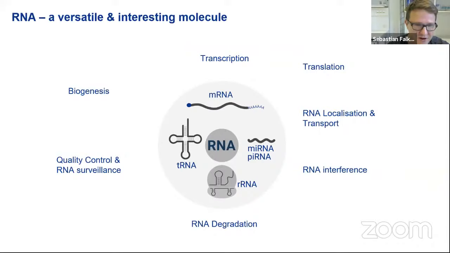Connected to RNA are also a number of very interesting and important processes which many labs around the world are studying, starting from the biogenesis. So how are all these different molecules made? How are they degraded? And one of the really important topics is how an RNA molecule knows where to go in the cell. So what is the right destination?